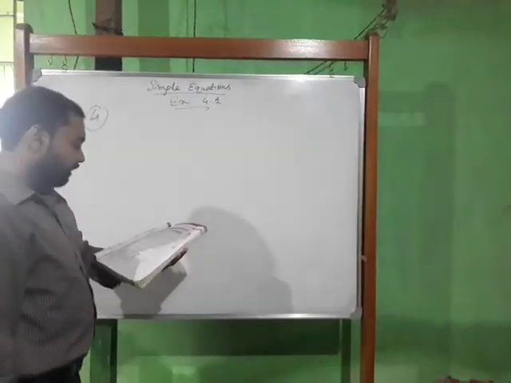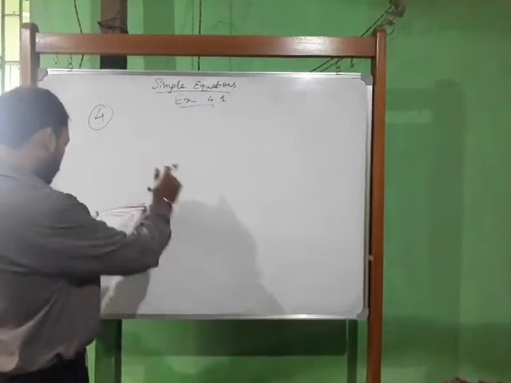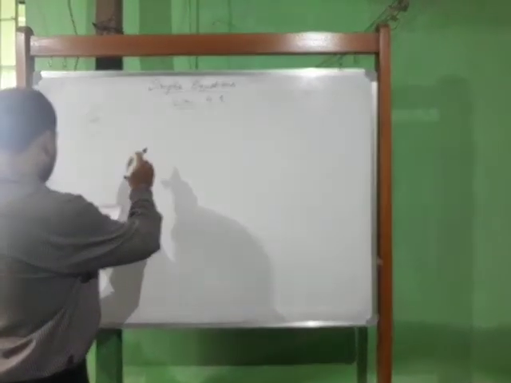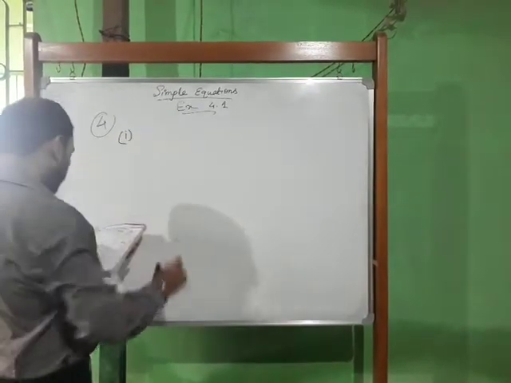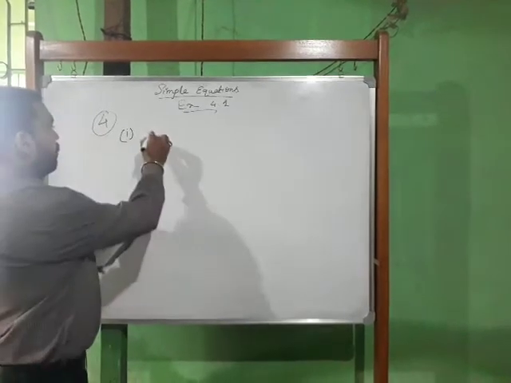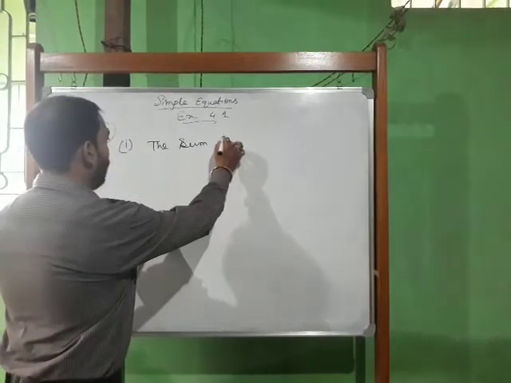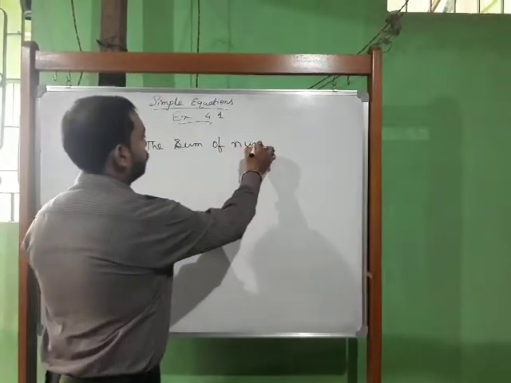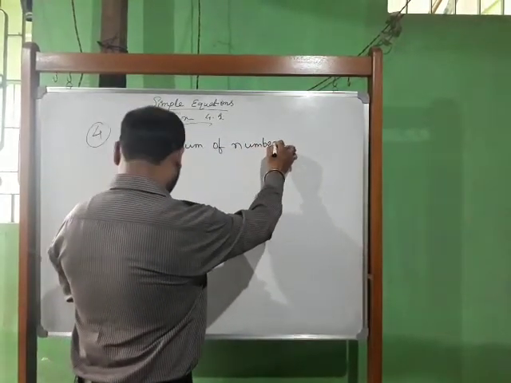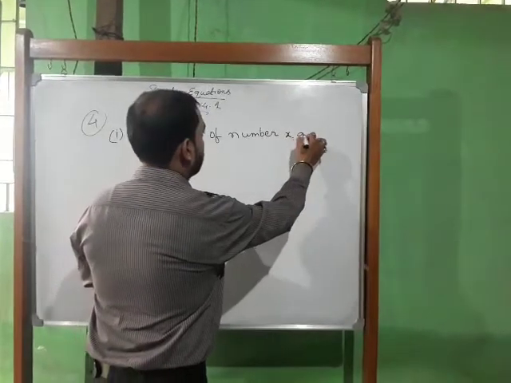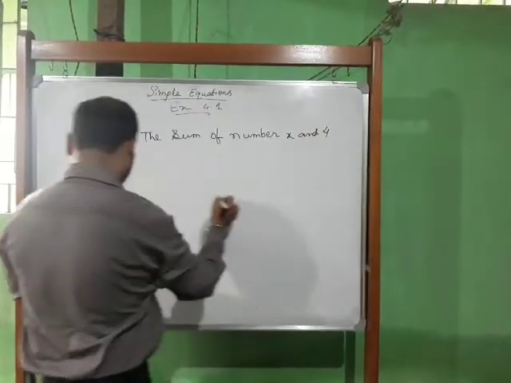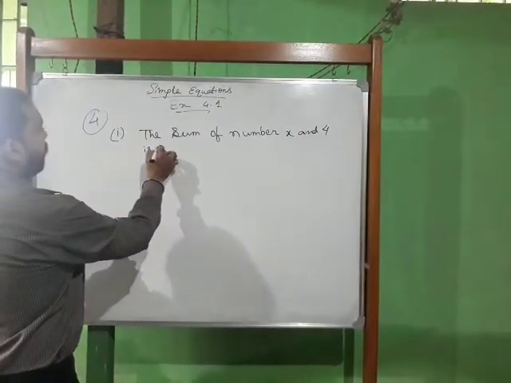Let me do question number 4. Okay, so question number 4, 1 number. The question is given, the sum of number x and 4 is 9.